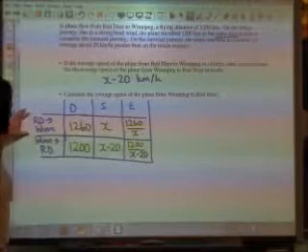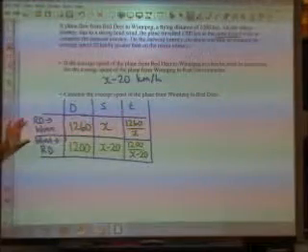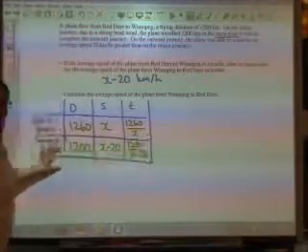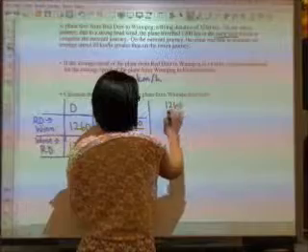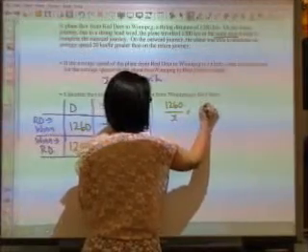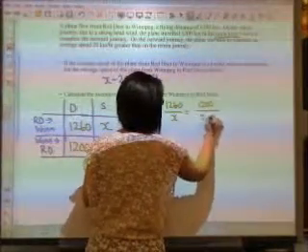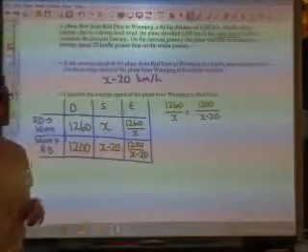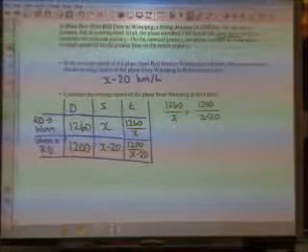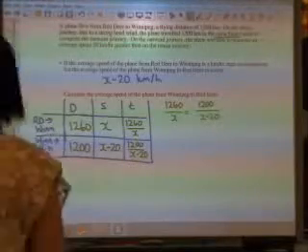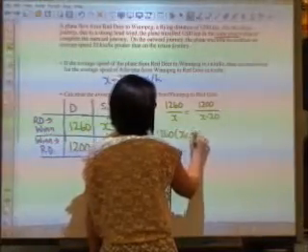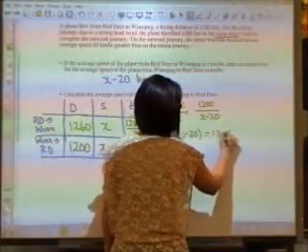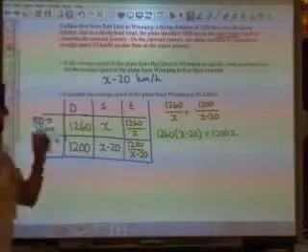So the time it took to travel this distance is equal to the time it took to travel this distance. So the times will be equal to each other. So how would I solve a question like this? I would cross multiply.